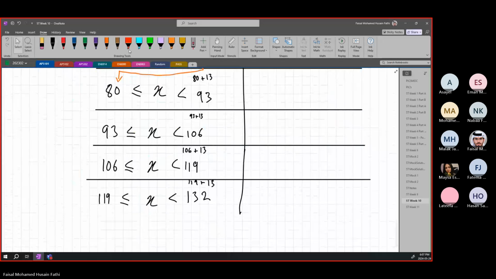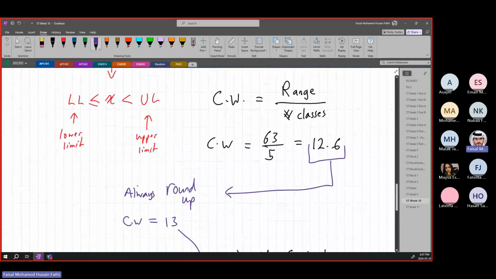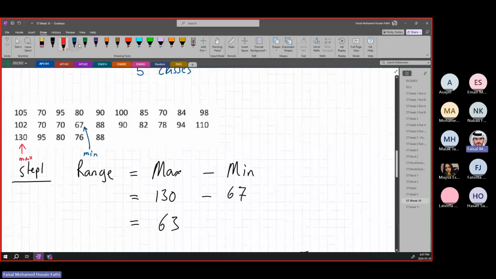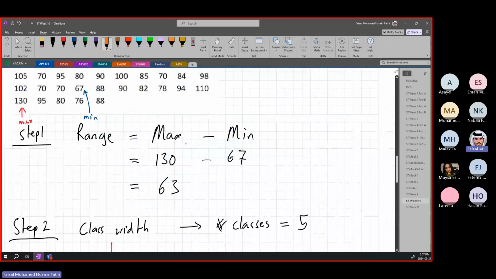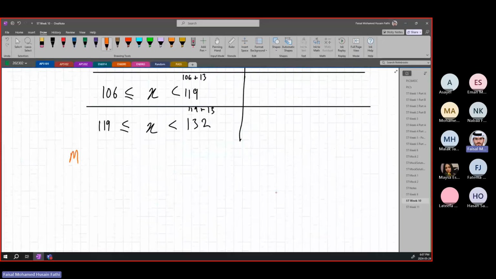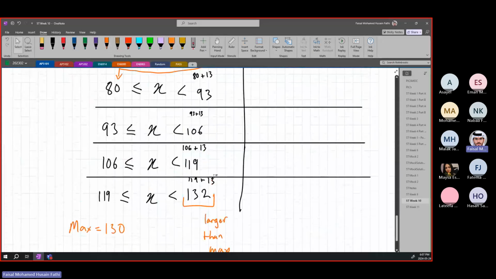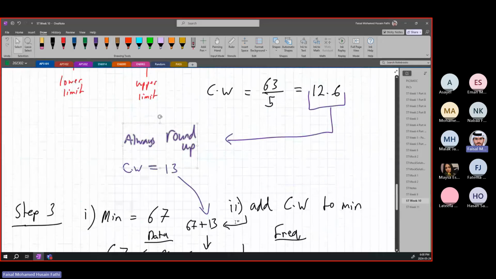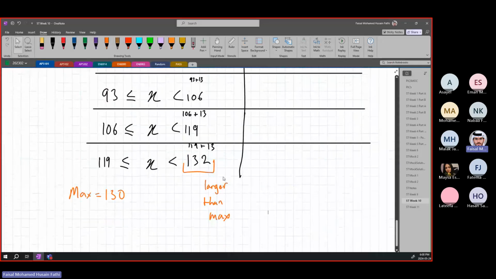A very important thing to notice here is, if you remember, our maximum is 130, right? So our max was 130. This has to be larger than max. This is why we are always rounding up over here, so that we always get a value that is larger than our max value for the very end.